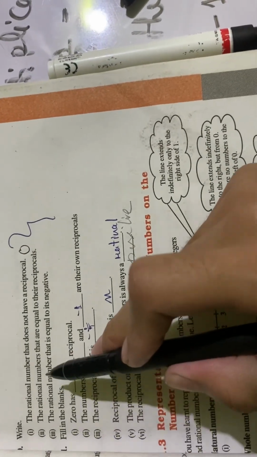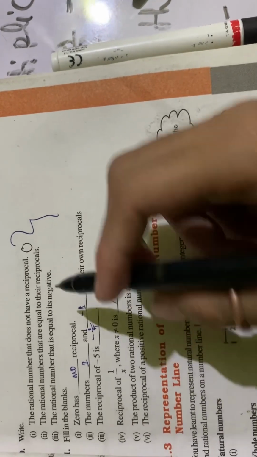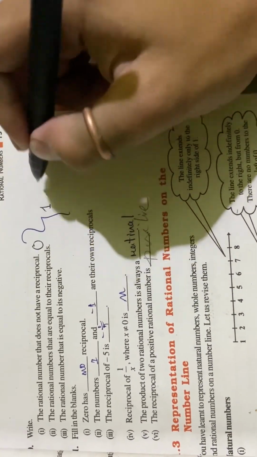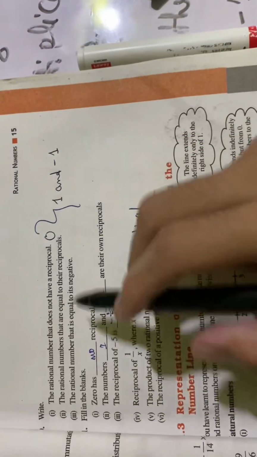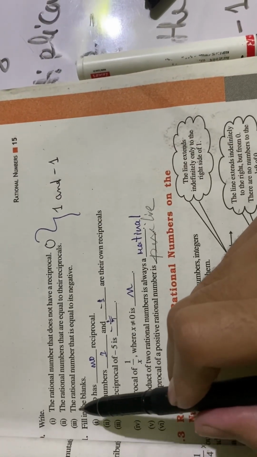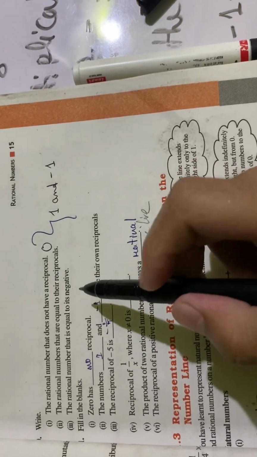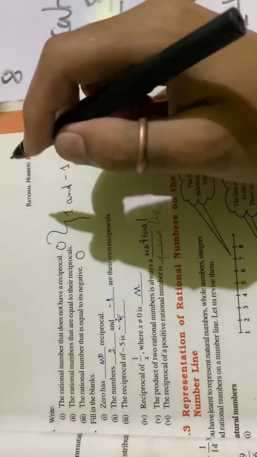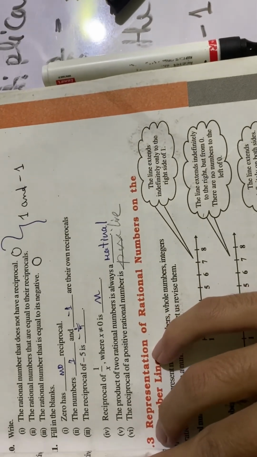The rational numbers that are equal to their reciprocals are 1 and -1. Question number 3 answer is the rational number that is equal to its negative is 0. Next we'll move to question number 11.